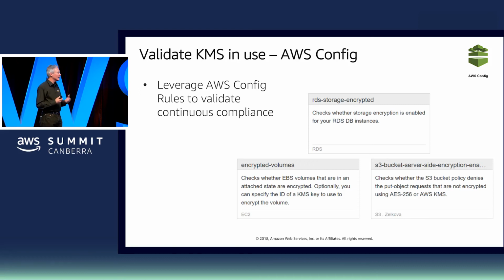Now the alarm could be as simple as send someone an email, so the administrator knows they need to do something. But it can also be an automated event, so that it generates an event. That can be picked up, say, via a Lambda function or some other bit of code, and then actually do some remediation of that environment for you automatically. So you move to this continuous compliance posture.